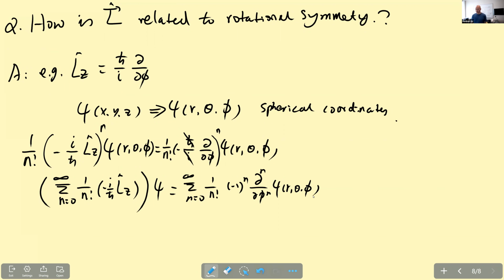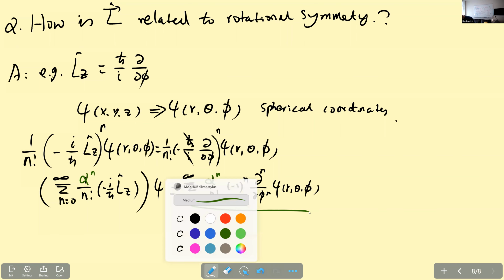Right. Suppose you also put a number right here, let's say alpha to the power m. So you put alpha to the power m right here. On the right-hand side, this is nothing but a Taylor expansion, right?